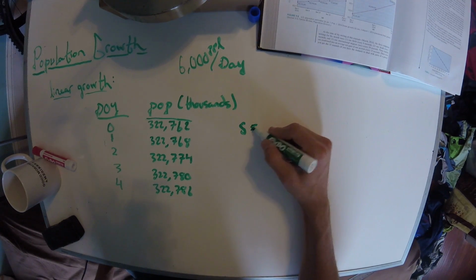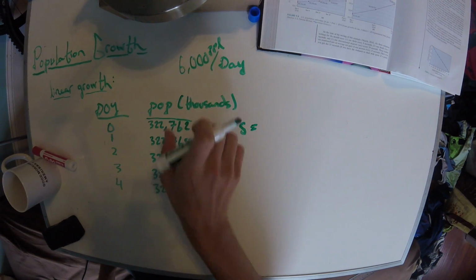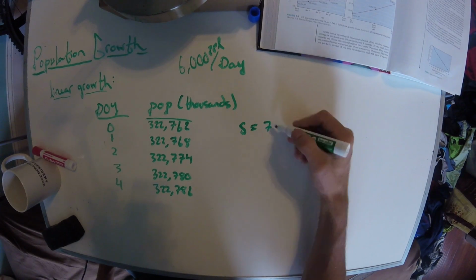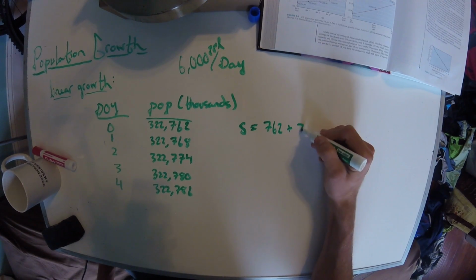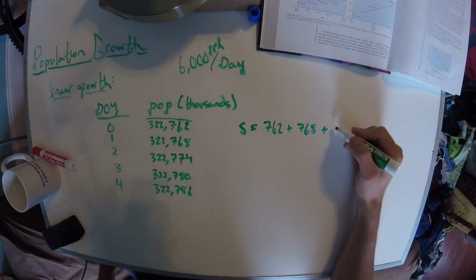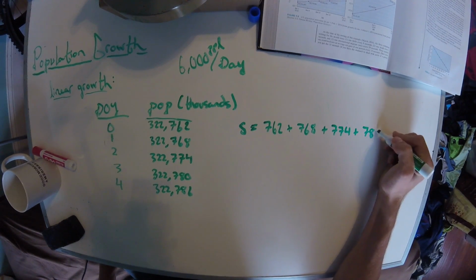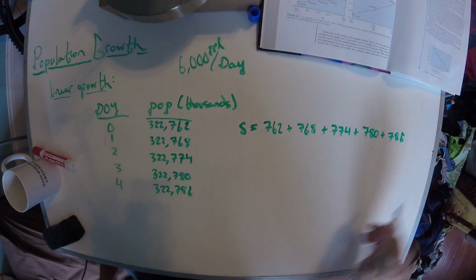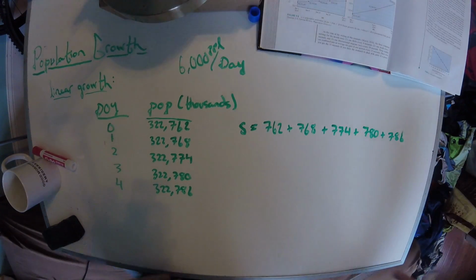But adding up just these last 3, the hundreds place of all these, we would have 762 plus 768 plus 774 plus 780 plus 786.